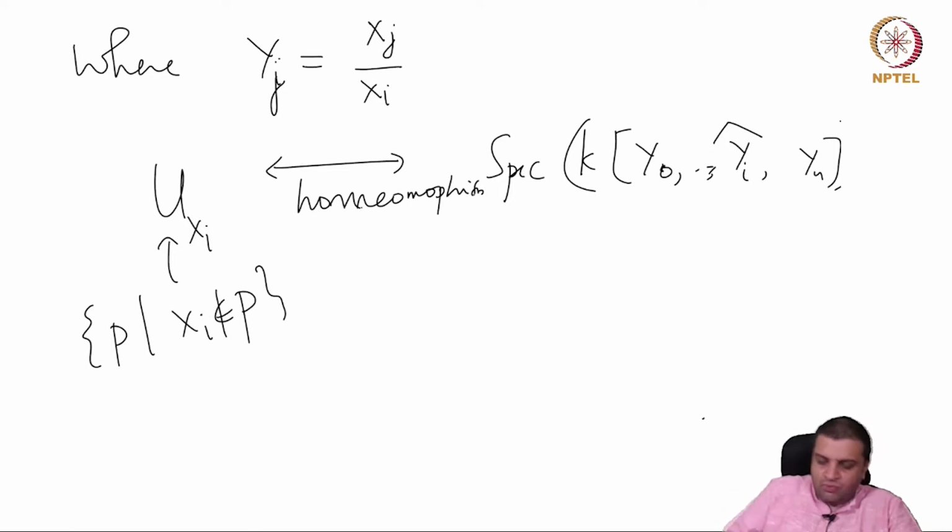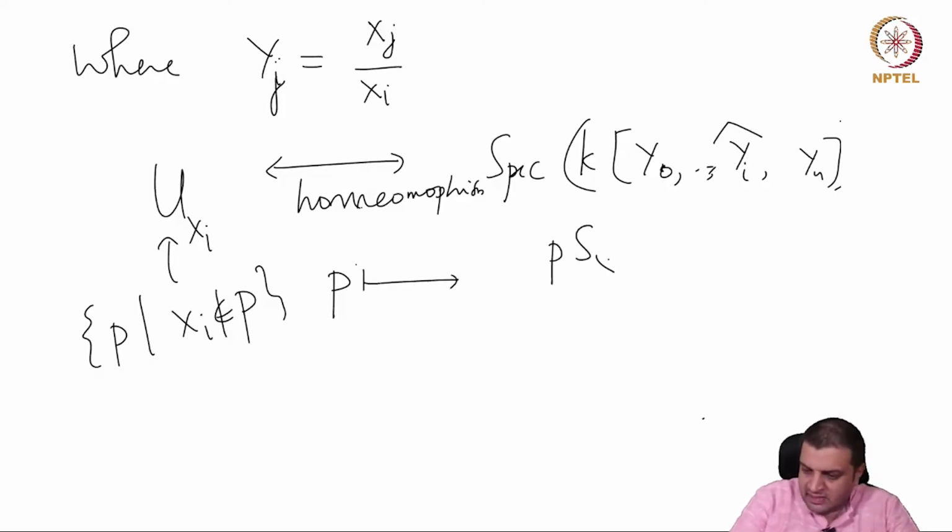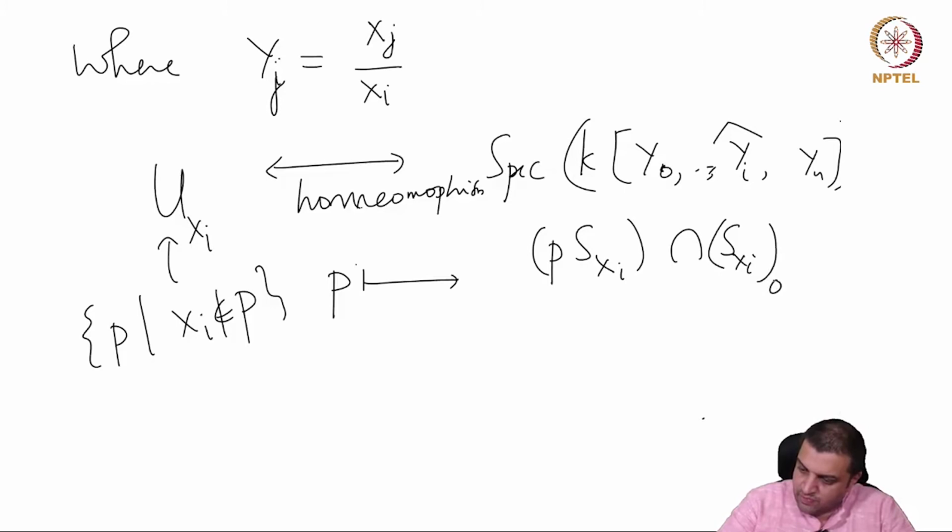And what is the map? One takes P here, and first we inverted xi, so this is a prime ideal in Sxi, and then contracted it to the smaller subring, Sxi in degree 0, and that gives this map.